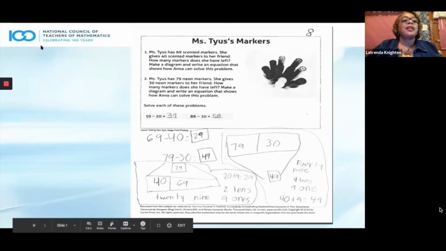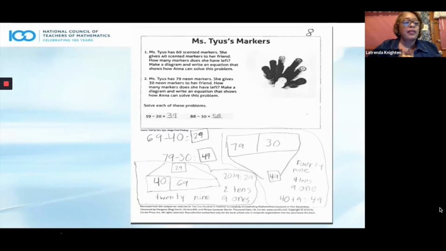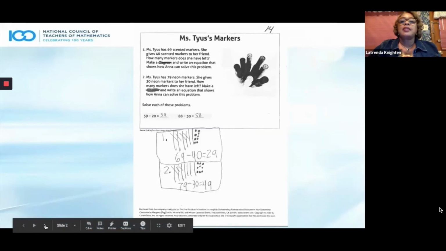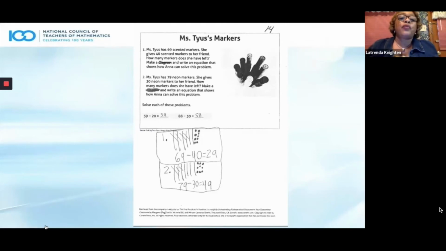So are we ready to look at another piece of student work? So now we have student number 14. I'll use the same amount of time on the timer and give you some time to examine this one.